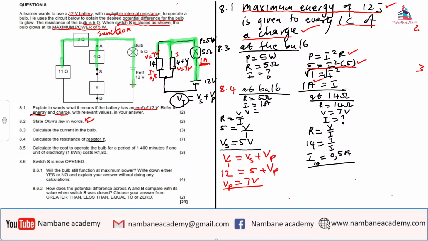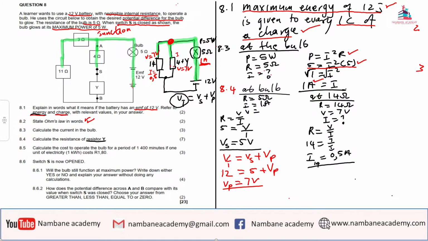Do I have the V that I calculated there? Yes, I have V. Because 14 and 4 plus Y are parallel to each other, they must have the same voltage. So I am going to calculate the total resistance of 4 plus Y. Let's see.